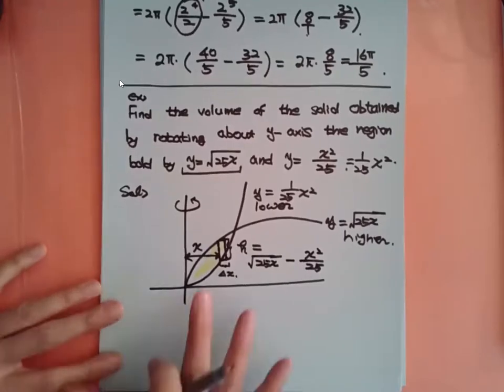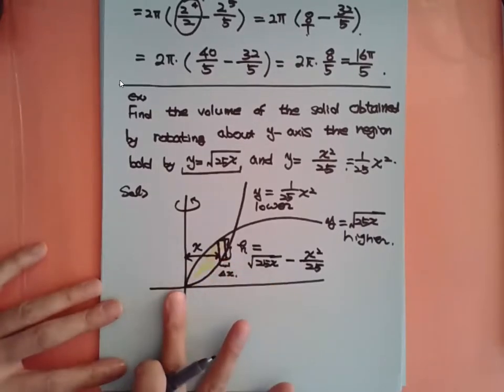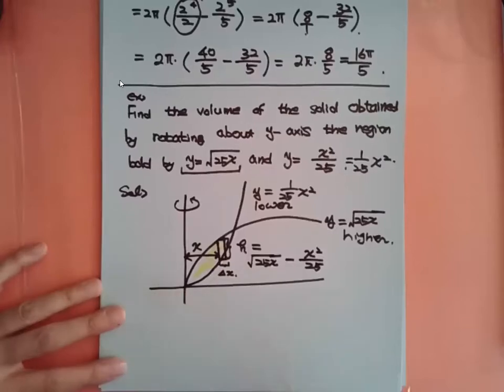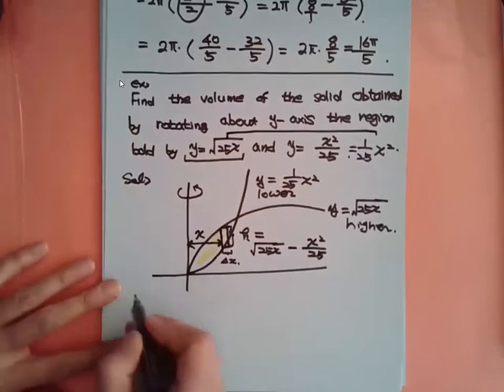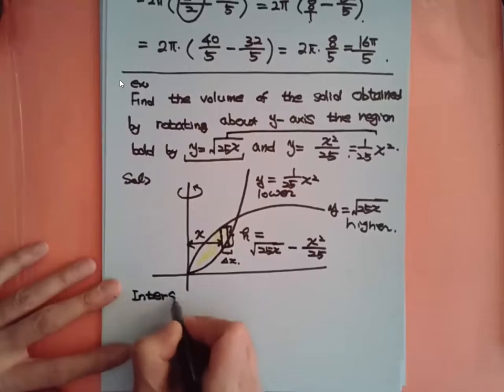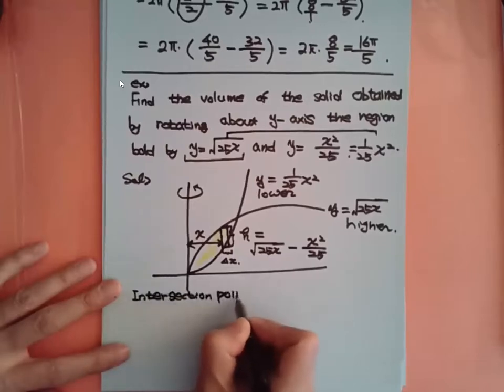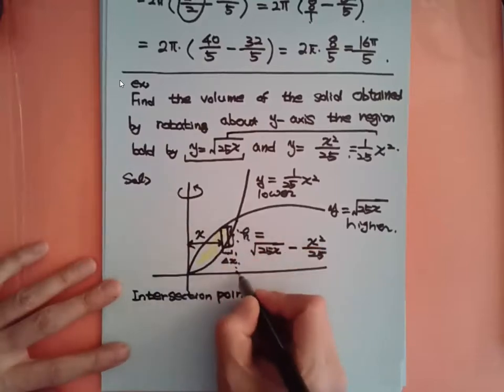We are thinking about delta x, so we have to think about the x coordinate of the intersection point by making these equal. So we are thinking about this point.